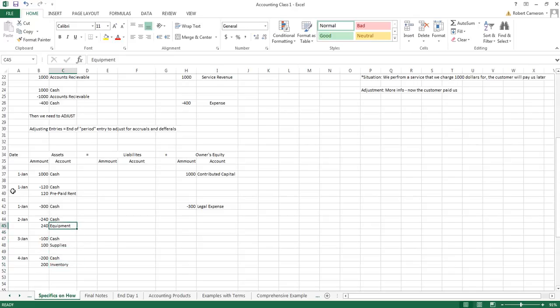Same thing with equipment. Let's say you bought a truck to help you move things around a factory warehouse. That truck is going to be equipment for you. Unless, of course, you're in the business of creating trucks and selling them, then that truck is going to be inventory for you if you plan on selling it.